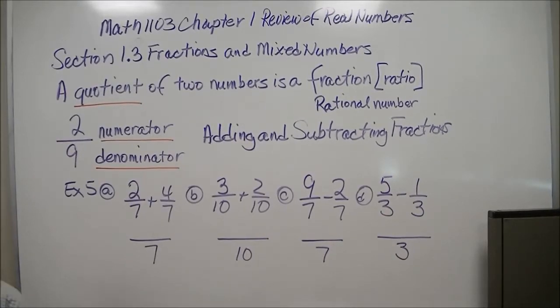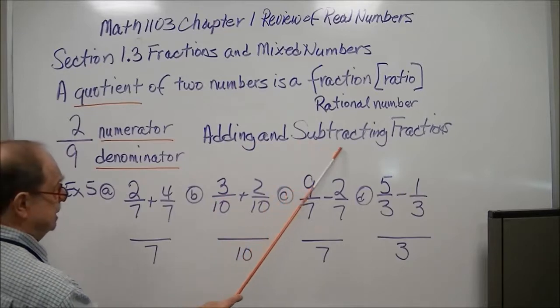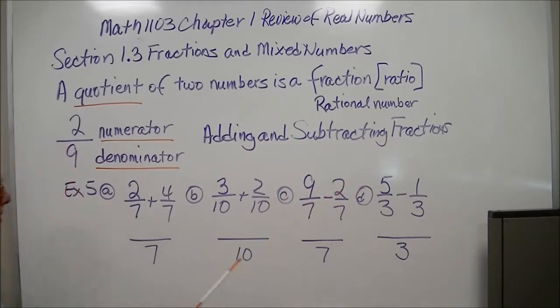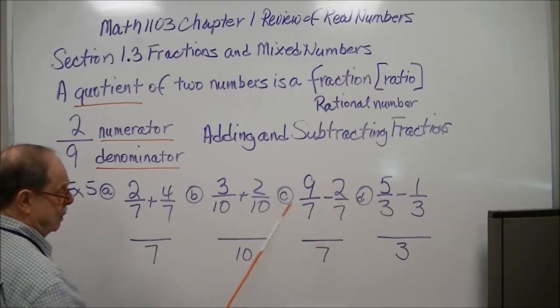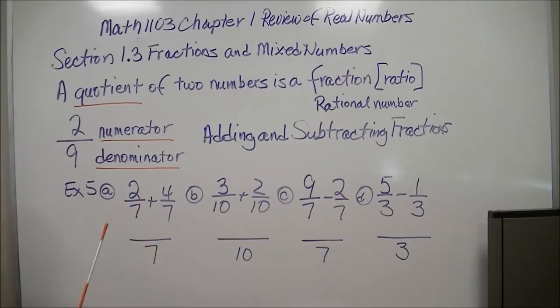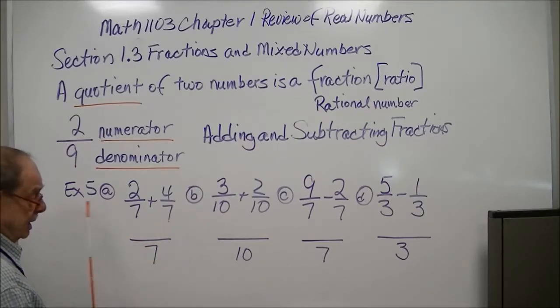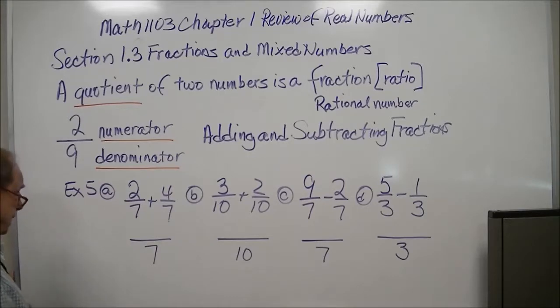As we get to our next section here, adding and subtracting fractions, this is where it is so important to have common denominators when we are adding and subtracting fractions. So if they are already the same denominators, it's actually sort of an easy thing.